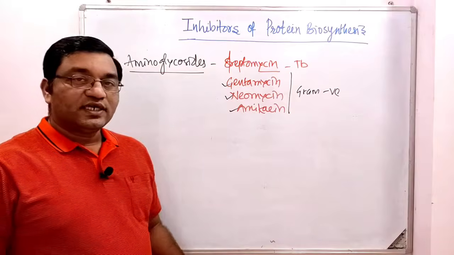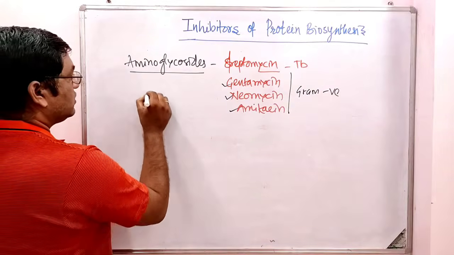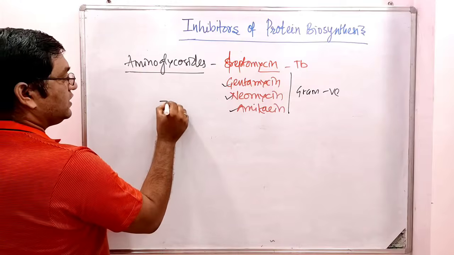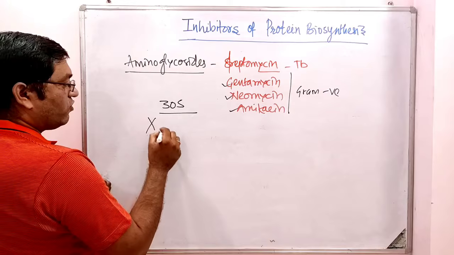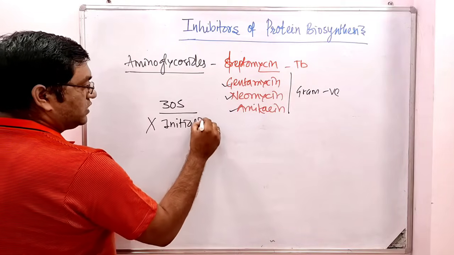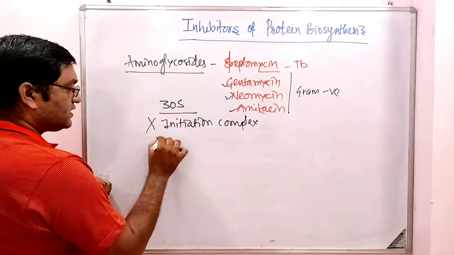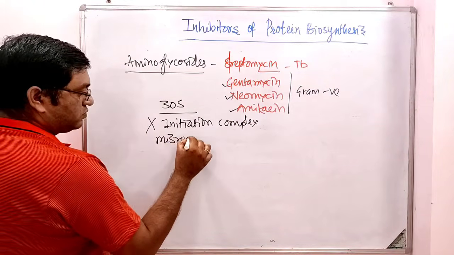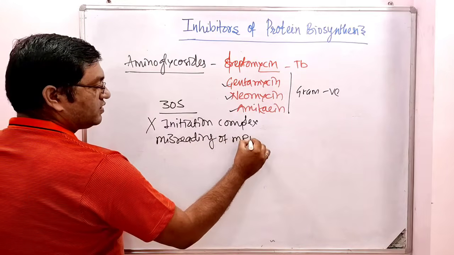So aminoglycoside antibiotics attach to the 30S ribosomal unit. They prevent the formation of the initiation complex. They cause misreading of mRNA.